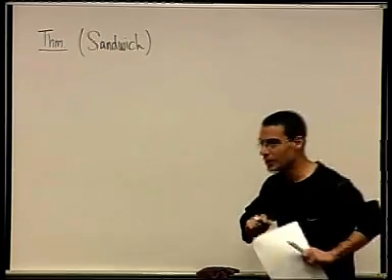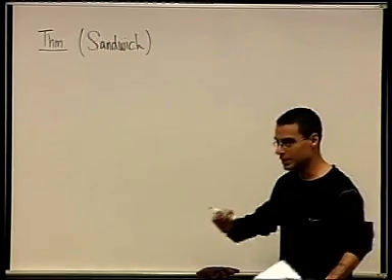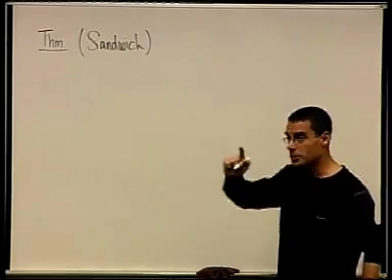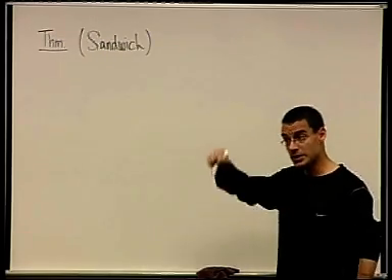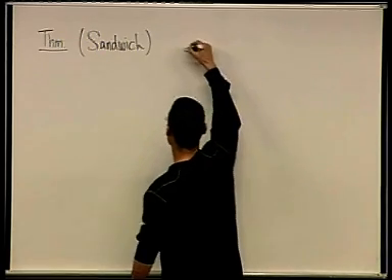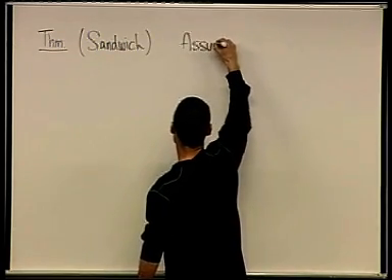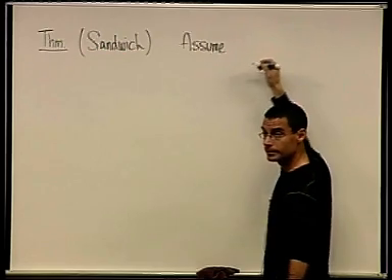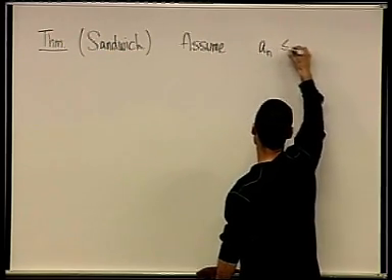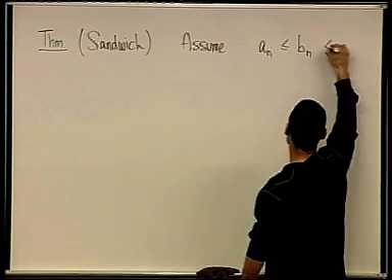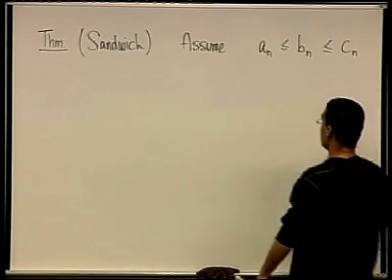You have to let go of functions. Sequences. How are you going to call them? A, B, and C. AN, BN, and CN. Okay, good. So assume, and what do they satisfy? Right. So assume AN is less than or equal to BN is less than or equal to CN.